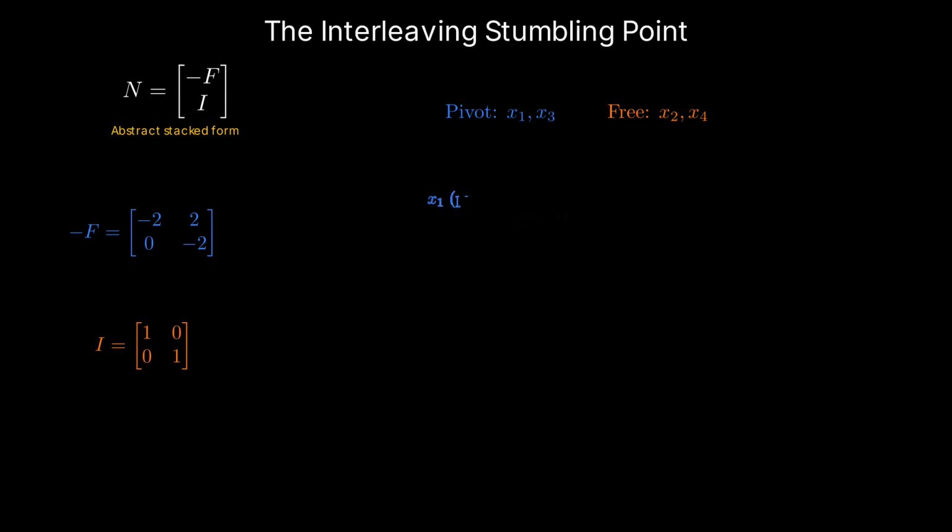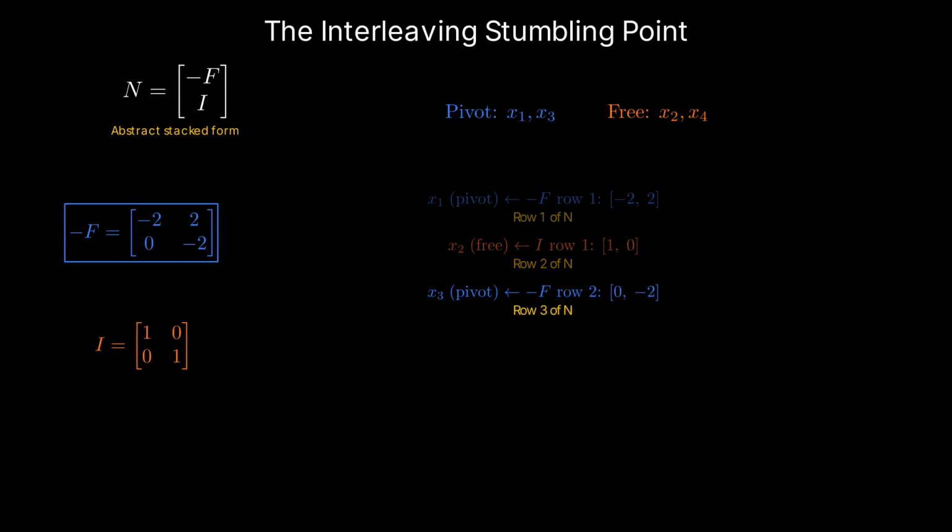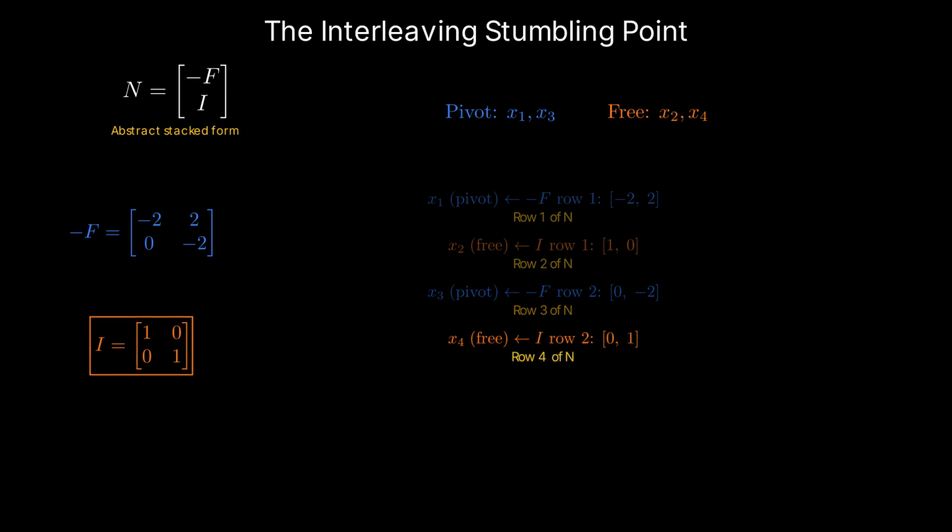Let's trace this carefully. x1 is a pivot variable, so its row comes from row 1 of negative F, giving us negative 2 and 2. x2 is a free variable, so its row comes from row 1 of I, giving us 1 and 0. x3 is a pivot variable, so its row comes from row 2 of negative F, giving us 0 and negative 2. x4 is a free variable, so its row comes from row 2 of I, giving us 0 and 1.